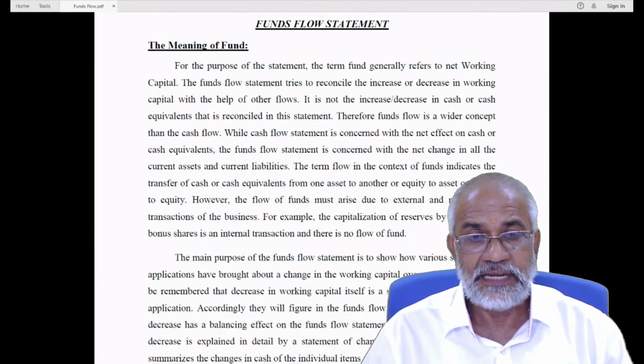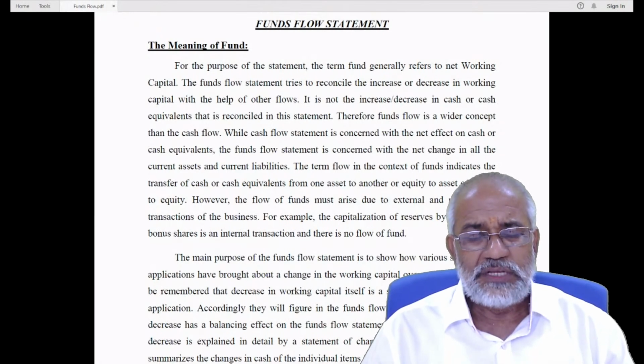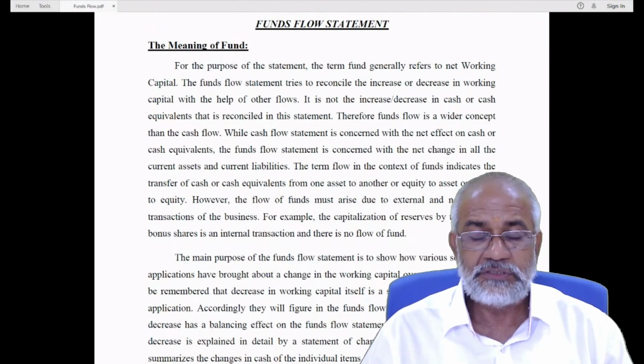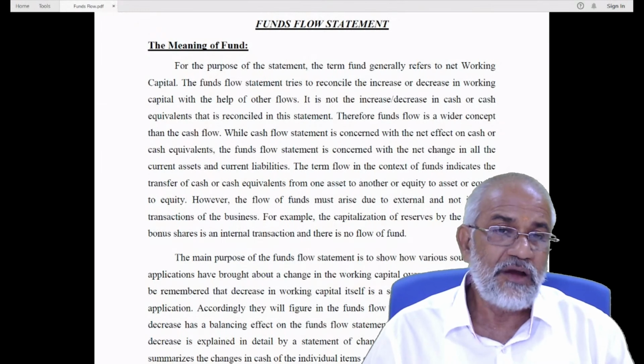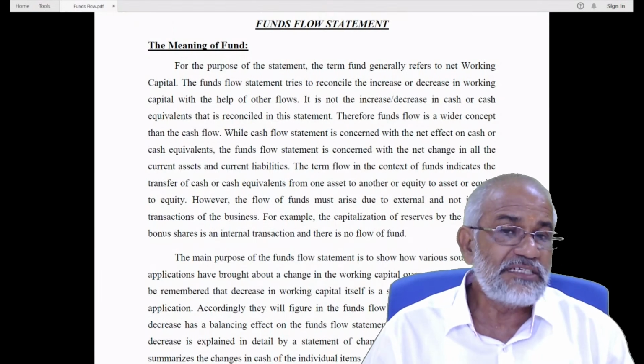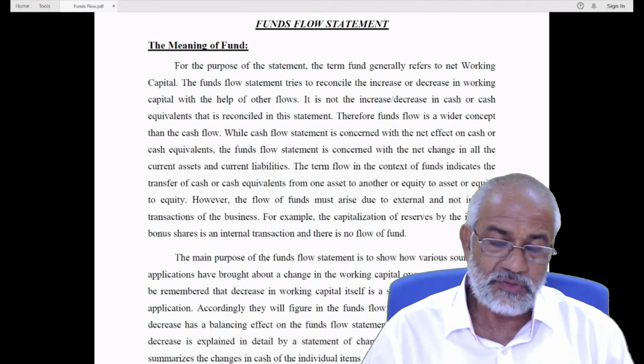Suppose he was asked to count the cash in his pocket or purse, and it comes to 5,000 rupees, out of which 500 rupees was given to a friend as a loan on short-term basis. So in the first instance, the cash balance was 5,000 rupees and his fund was 5,000 rupees.